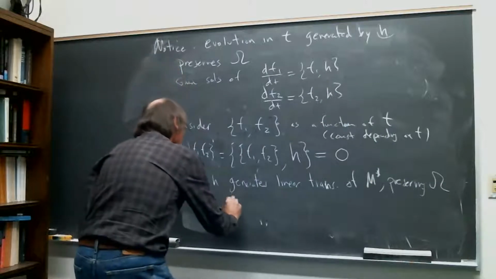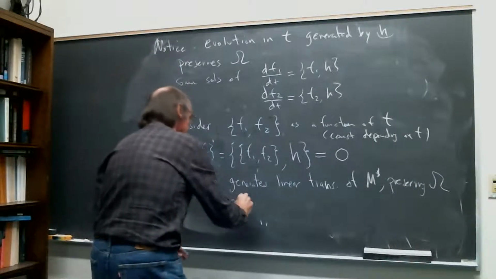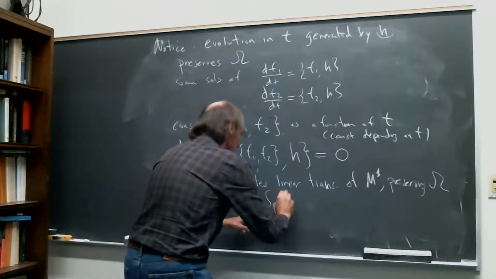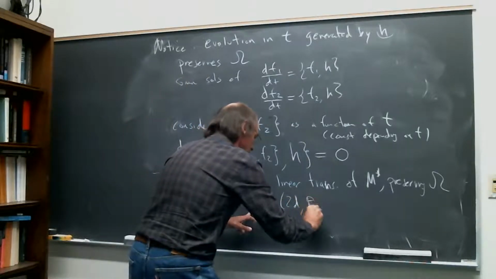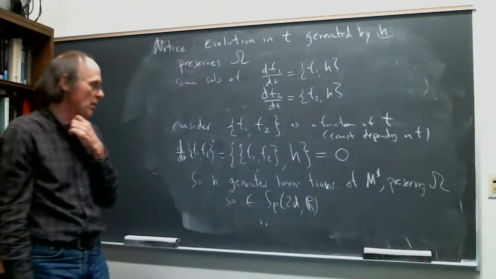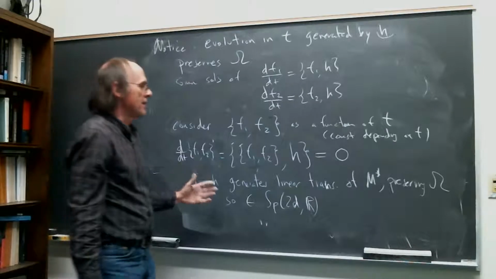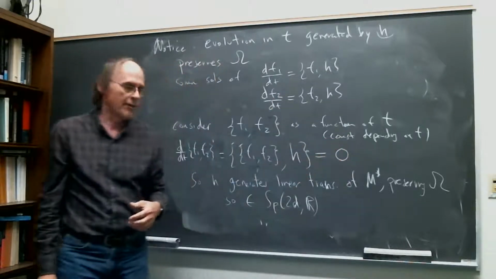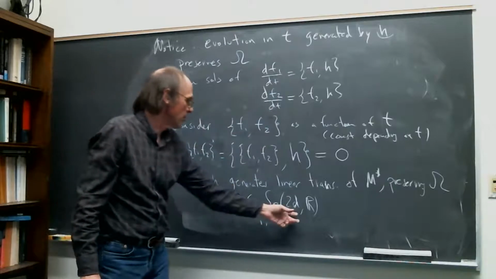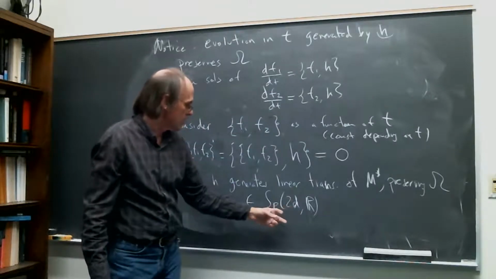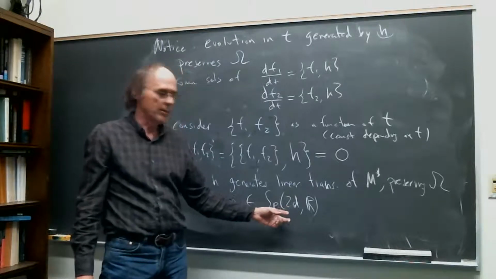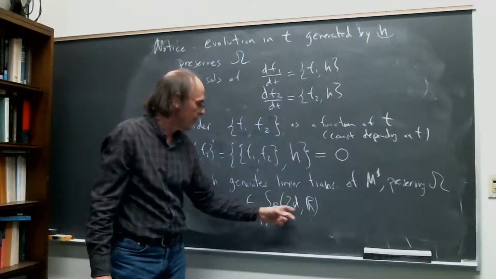So at each t, an element of the symplectic group. And this is kind of the fundamental reason why these h's are going to correspond to the Lie algebra elements, to the Lie algebra of the symplectic group.